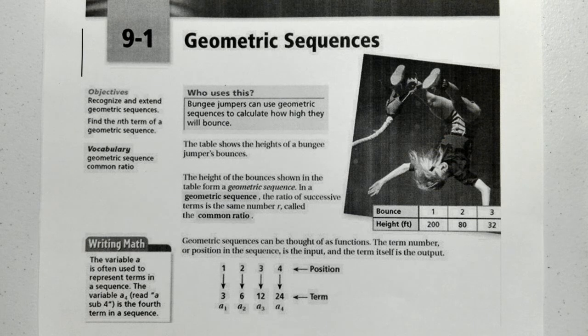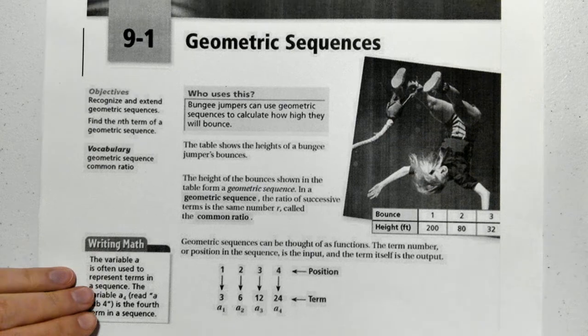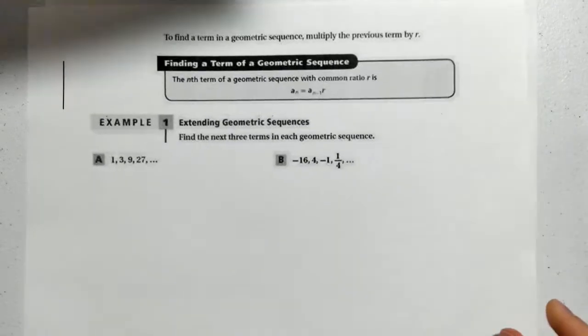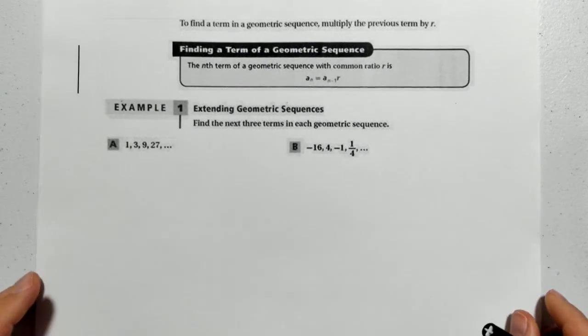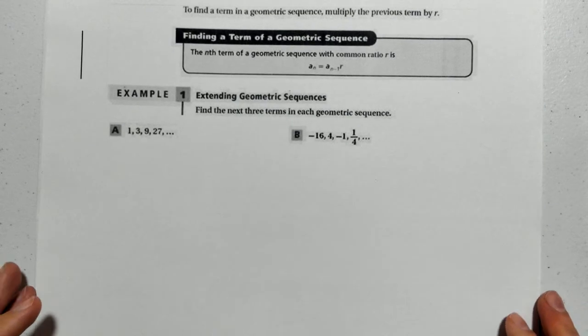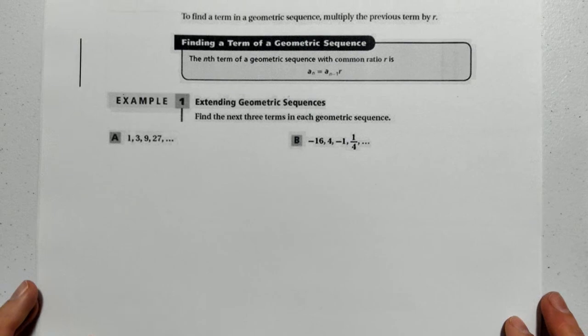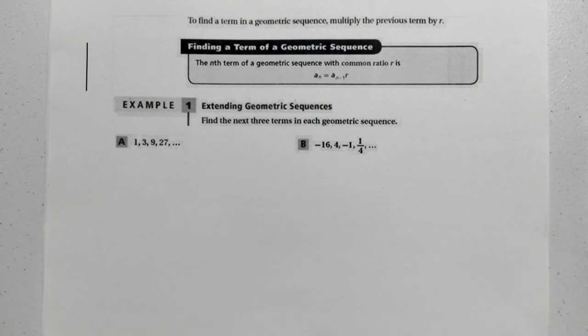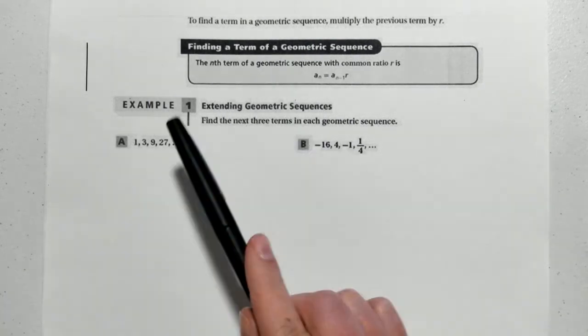in the sequence. So we're going to look at what the formula is to find a term of a geometric sequence. To find a term in a geometric sequence, you multiply the previous term by r, the common ratio.